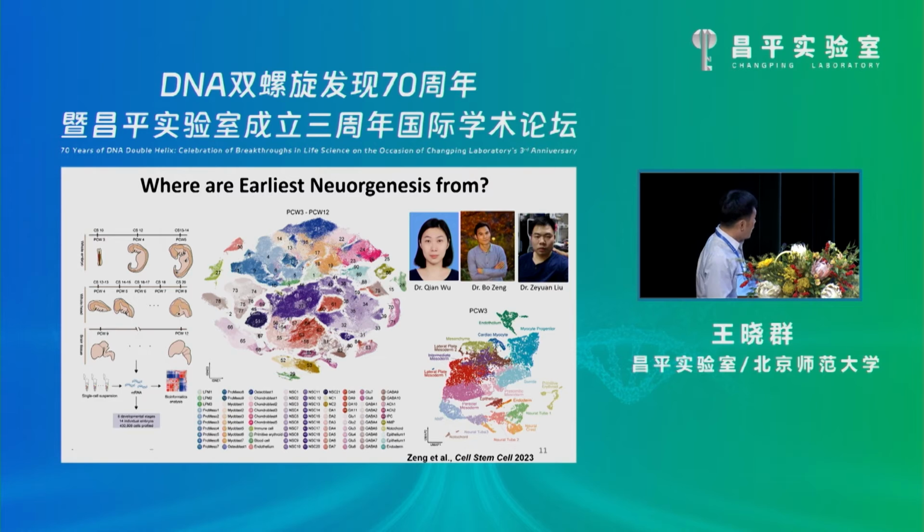You can see we can get a whole bunch of cell subtypes, and also 11 different lineages, from neural tube, neural crest, and we might be able to figure out where the earliest neurogenesis comes from.